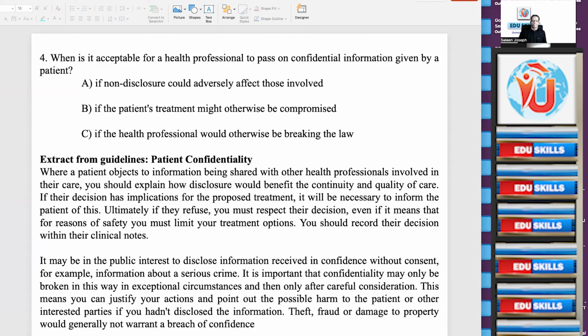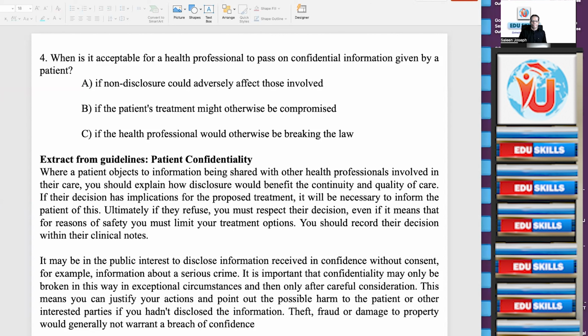Where a patient objects to information being shared with other health professionals involved in their care, you should explain how disclosure would benefit the continuity and quality of care. If their decision has implications for the proposed treatment, it will be necessary to inform the patient of this. Ultimately, if they refuse, you must respect their decision, even if it means that for reasons of safety you must limit your treatment options. You should record their decision within their clinical notes.